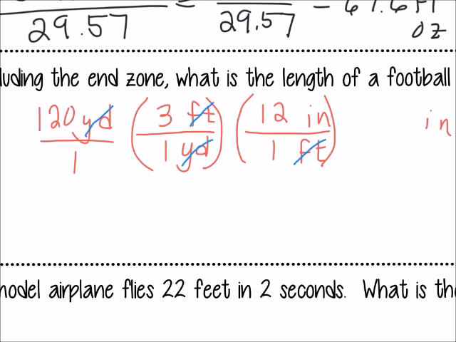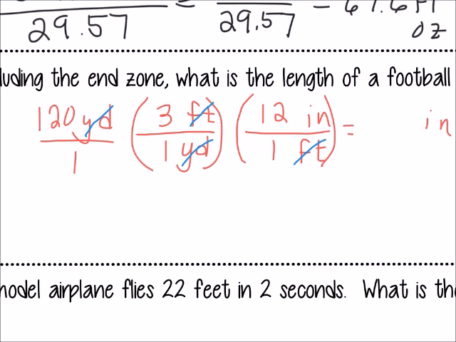So once we know that, and we notice that all of the different units have been divided out, so yards divided by yards, feet divided by feet, and so we're just left with inches, which means now we just have to multiply all of our numerators together and all of our denominators together, and we will have converted 120 yards to inches.